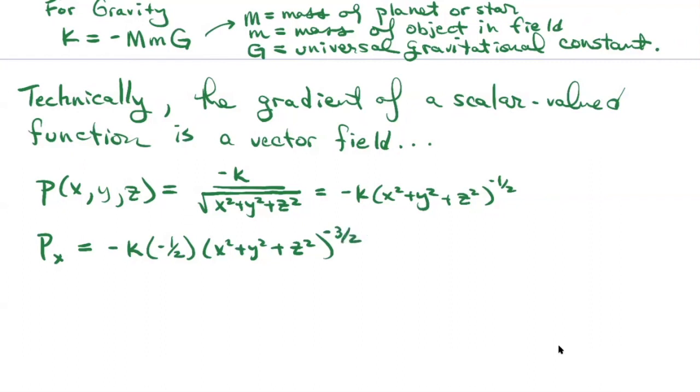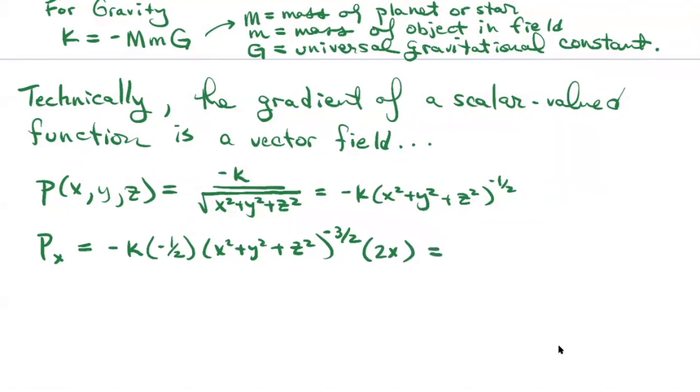Okay, and then you have to multiply by the derivative of what's inside, so you're going to have a 2x in there. Now tell me if I'm wrong.